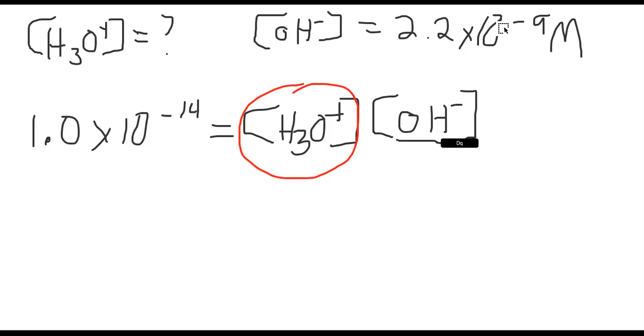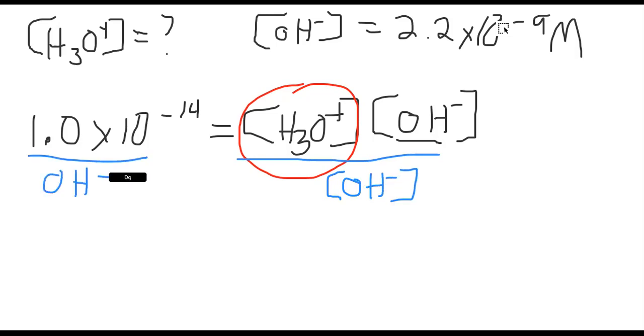Okay, so we have the OH minus concentration. So when I rearrange this to solve for H3O plus, I want to get rid of that OH minus. I want to get it on the other side of the equation. So to do that, I'm going to divide both sides by OH minus. That way it cancels out on this side of the equation, and what I get is H3O plus by itself.